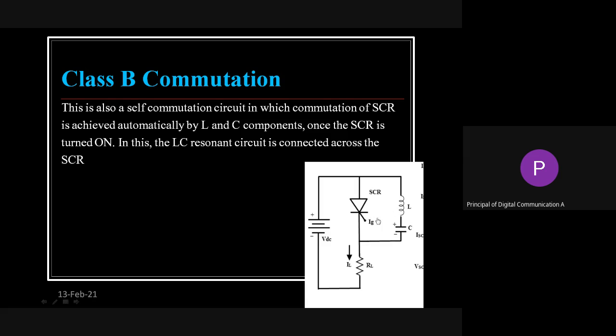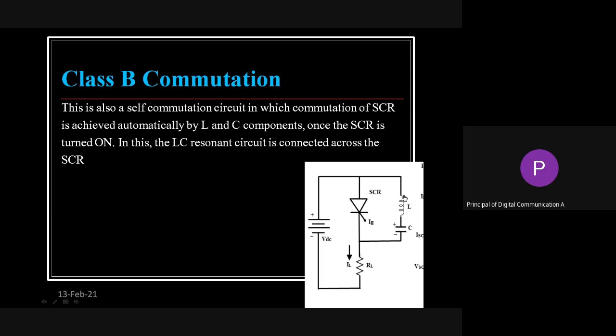So through this loop the capacitor starts discharging. And when it is fully discharged, charging in reverse polarity is going to start. Means what? Due to L, because whenever discharging, this L is storing the energy.